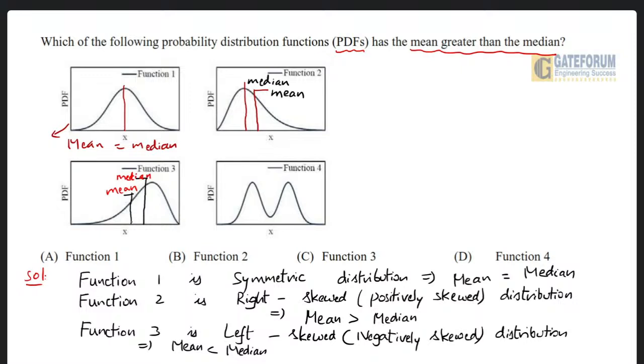So in this negatively skewed, left skewed, mean less than median. In right skewed, mean greater than median. Okay. So they're asking mean greater than median. So this is our key point. Function 2. And function 1 is this, okay. So the answer is function 2. This is the end of the question. That is option B.